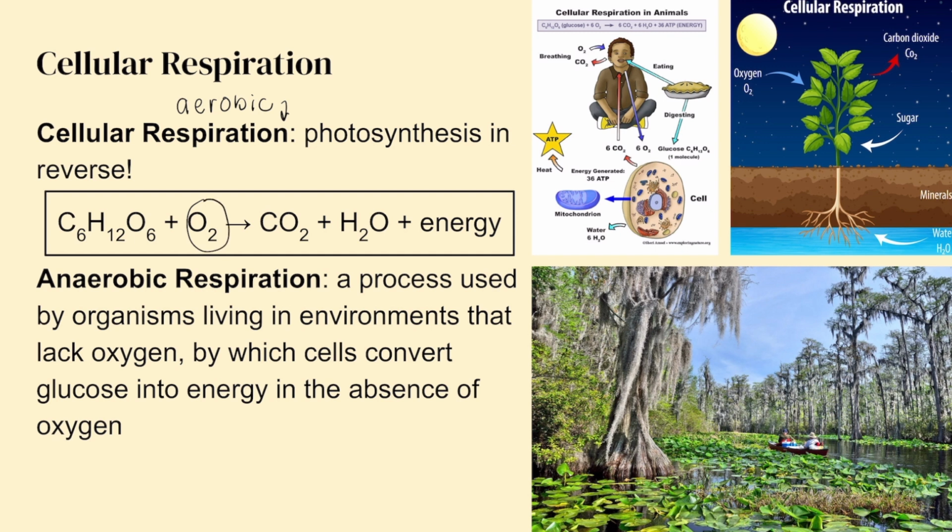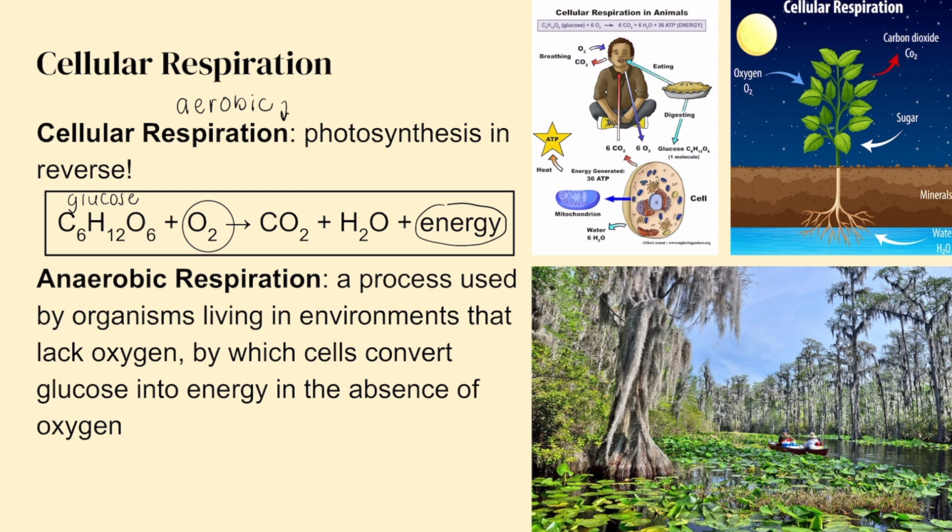So oxygen is required to perform cellular respiration. What this process does is it's basically just photosynthesis in reverse, but living things take these glucose molecules and break them apart. When they break them apart, that releases a lot of energy, and then that energy can be used to perform necessary things within cells.